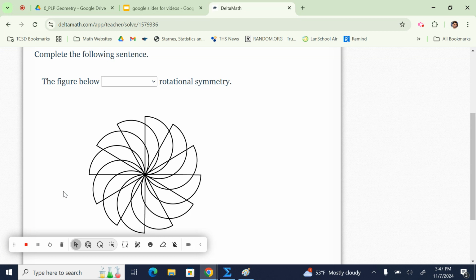So this is kind of a crazy figure, right? But if you look here, and I'll use my pen. So this is my center. Say this point, if I want to rotate it, let's see what happens, right?